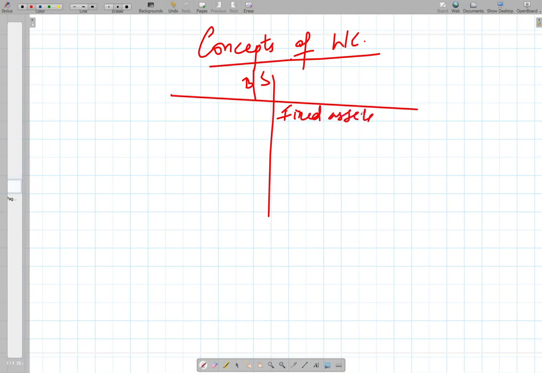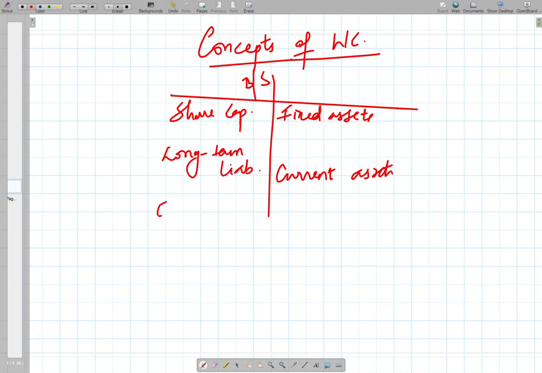This is the basic standard format of the balance sheet. Fixed assets, marketable securities, then you will have something called current assets. Same way in the liability side, you will have share capital, and of course you will have other liabilities, long-term liabilities, and then you will have something called current liabilities.